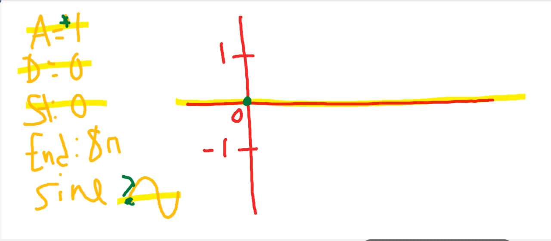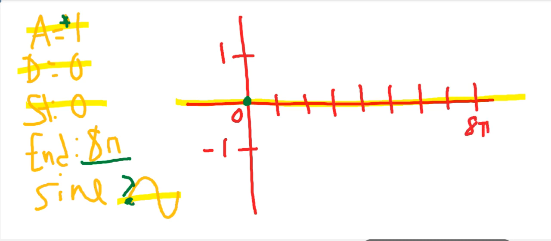So I'm going to label my x-axis, and I'm going to go by pi. So I'm going to go 1 pi, then 2 pi, then 3 pi, and so on up to 8 pi. So this is going by pi's.